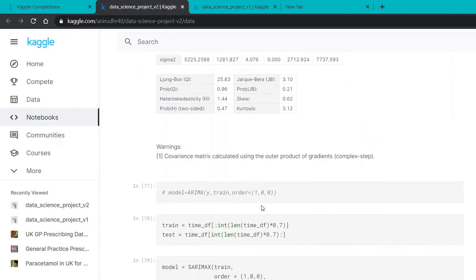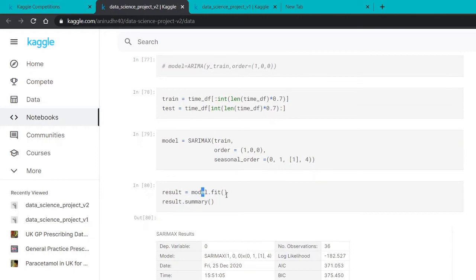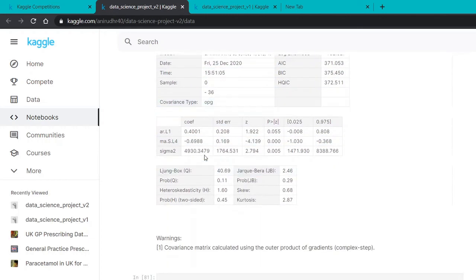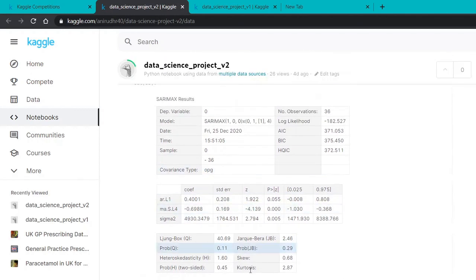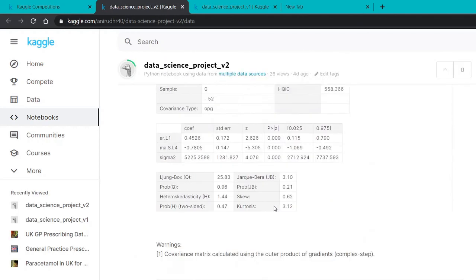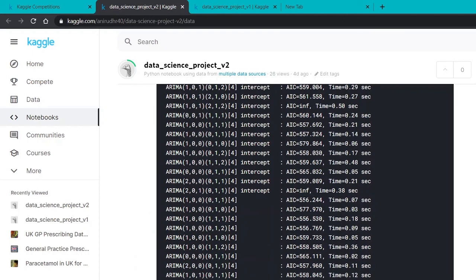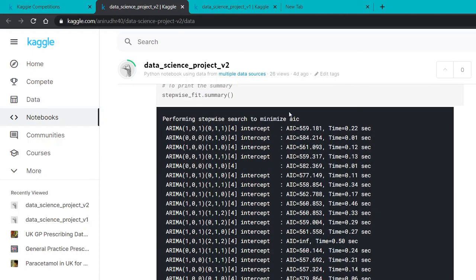Then based on that, we have fit our model, and here is the summary of the model. Auto ARIMA chooses the model based on two parameters called AIC and BIC. AIC is Akaike information criterion, and BIC is Bayesian information criterion.